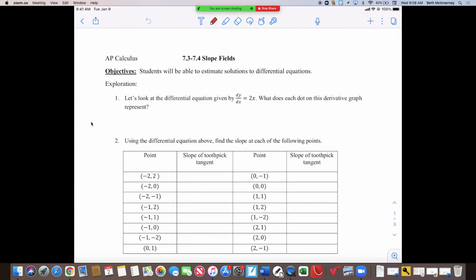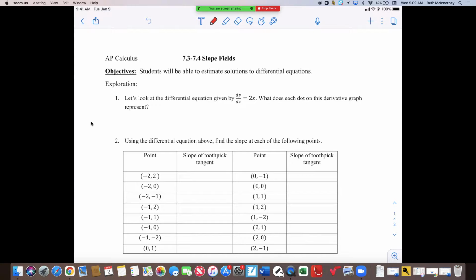We talked about a differential equation, and a differential equation is where you have x, y with the derivative of y, or maybe the second derivative of y. So in this exploration, it says, let's look at the differential equation given by dy dx equals 2x.